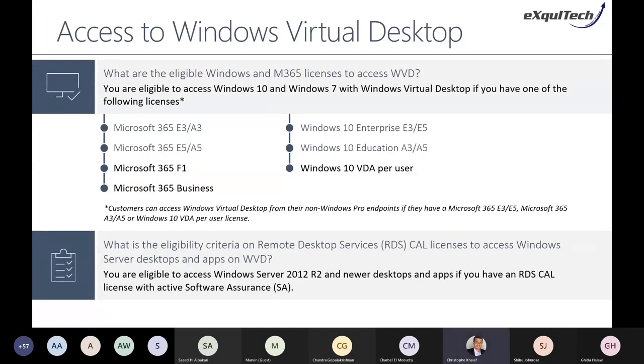With the slides, as we said, you can host Windows 10, you can host Windows Server, you can host many of the operating systems that you need and use them on WVD.